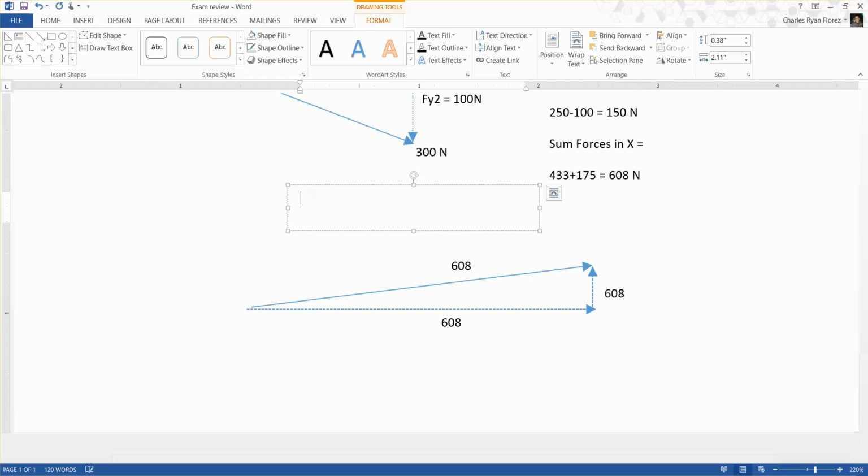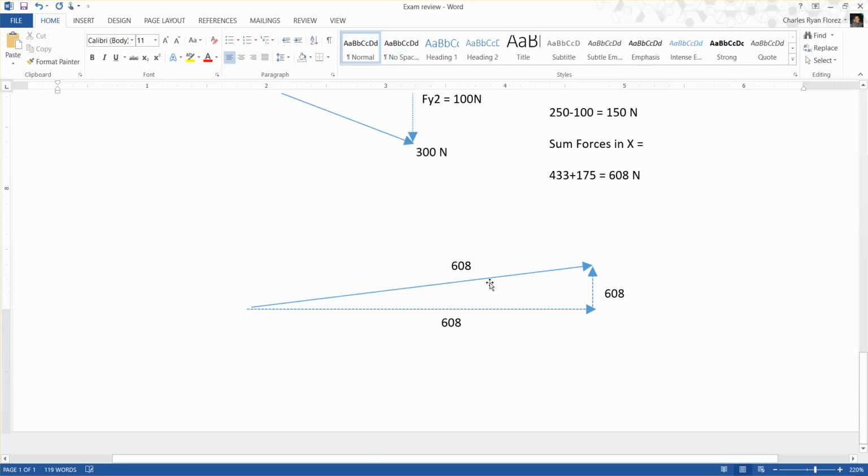I hope those clicks aren't loud in the video. I make this video and then find out they're super loud. So if we want to find the direction, this resultant force points a number of degrees from the horizontal x direction. It's along the horizontal direction.